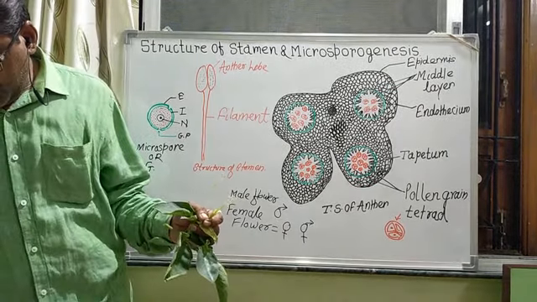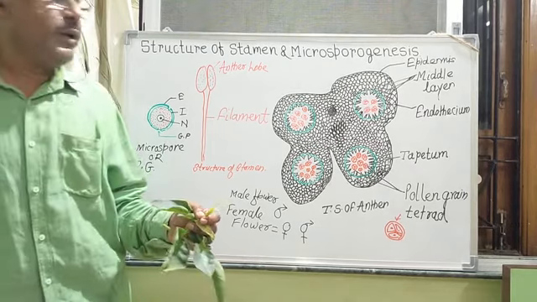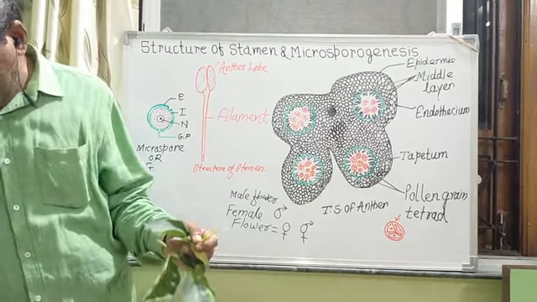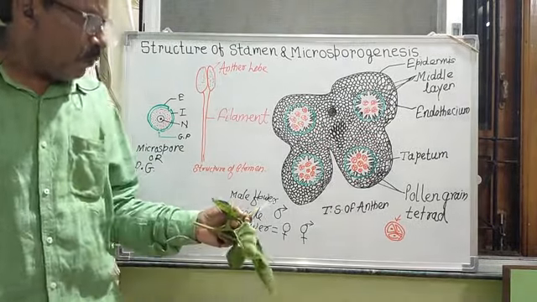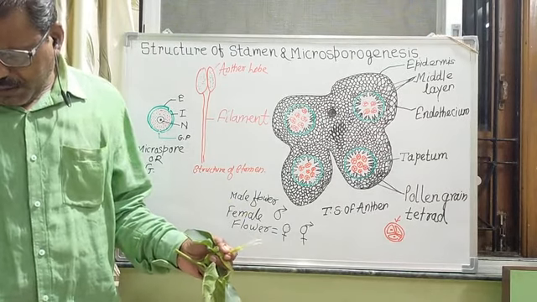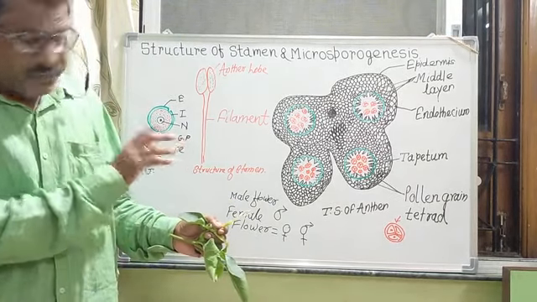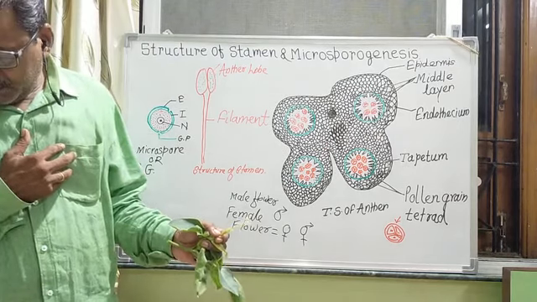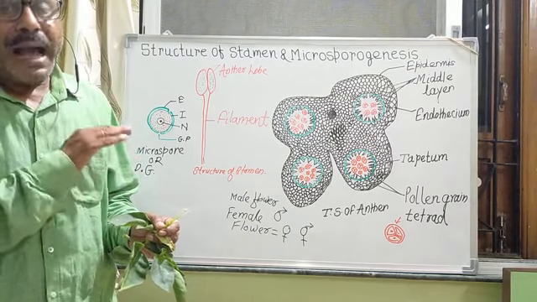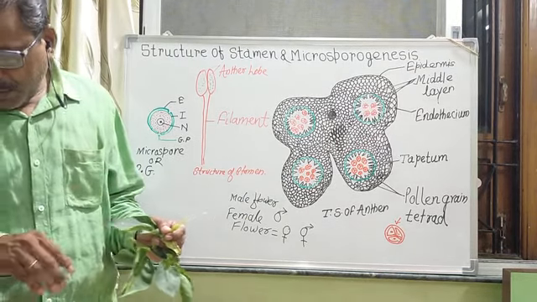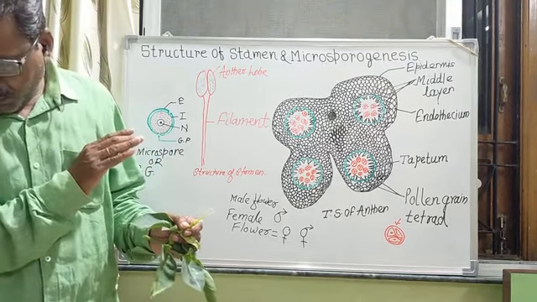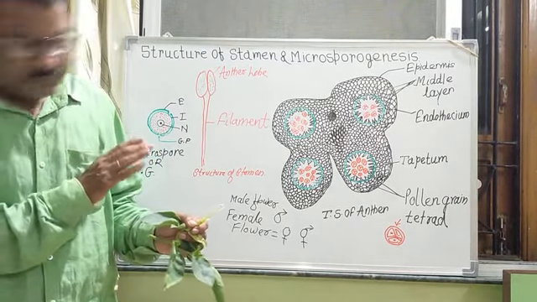Microspores, commonly called pollen grains, develop into male gametes, and ovules of the carpel produce megaspores which develop into the female gametophyte. The process of sexual reproduction in angiosperms involves microsporogenesis, that is, formation of microspores or pollen grains.